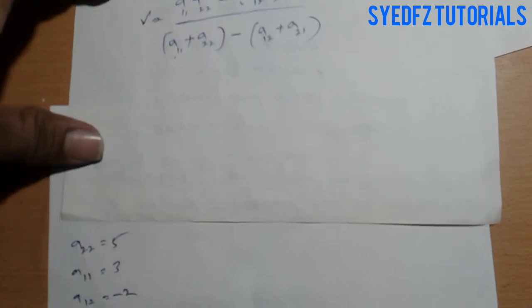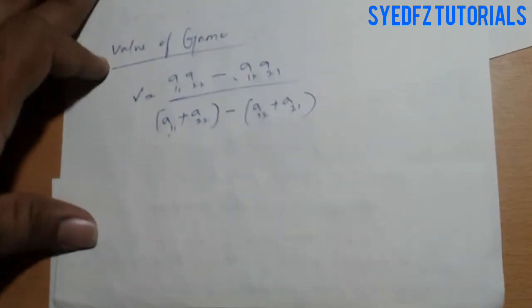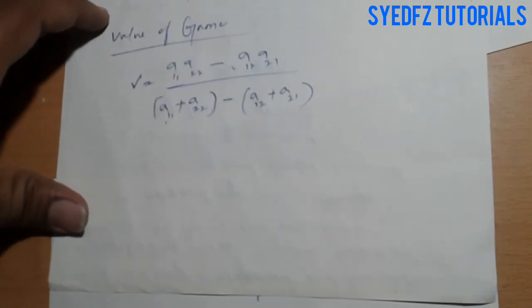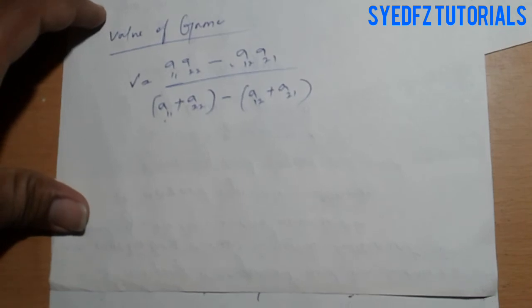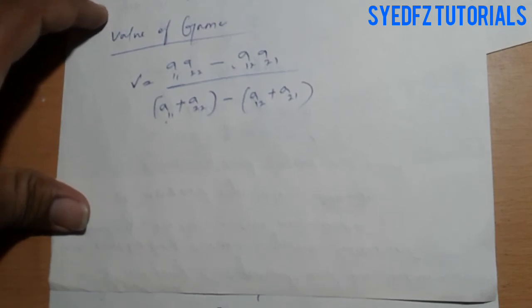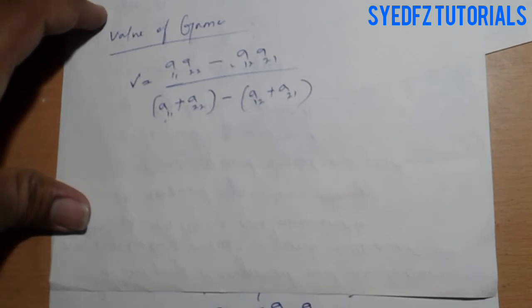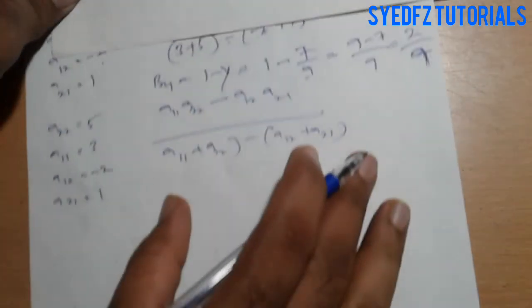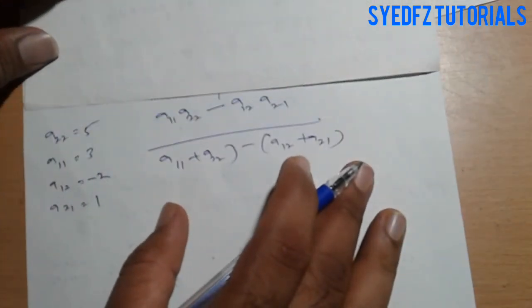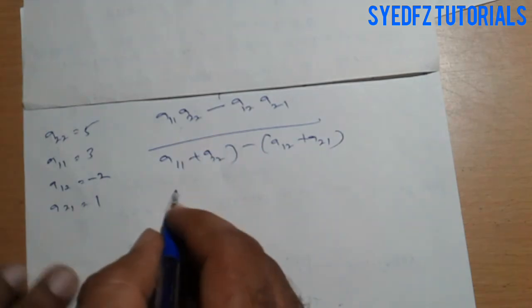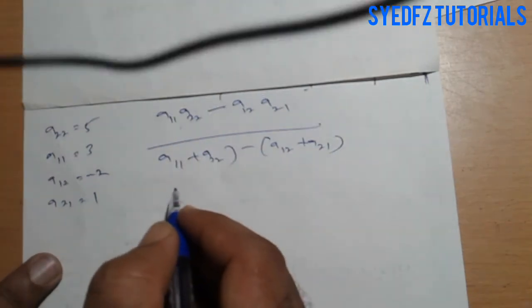Okay, first write the formula for the value of game: A11 A22 minus A12 A21 divided by A11 plus A22 minus A12 plus A21. Okay, this is the formula we have written. So now enter the values here.